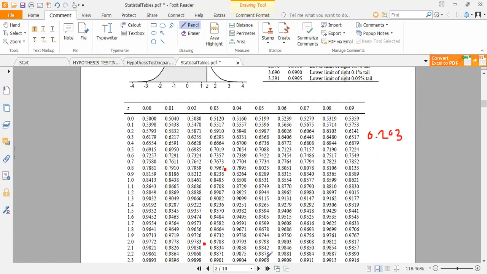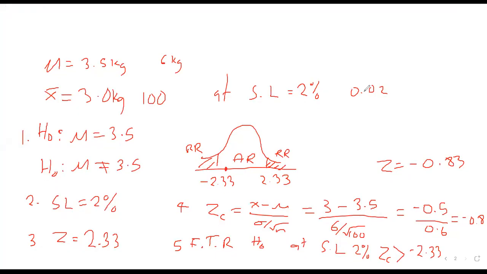So you're going to compare this to our alpha here. Remember, our decision is actually the opposite of what we did before: if this figure is less than the alpha, then we're going to reject.